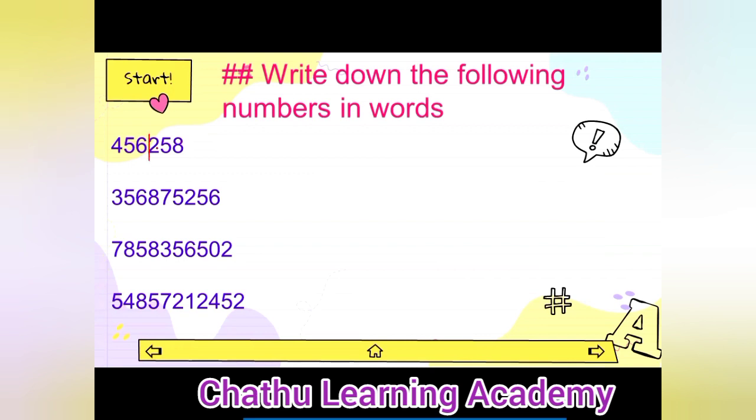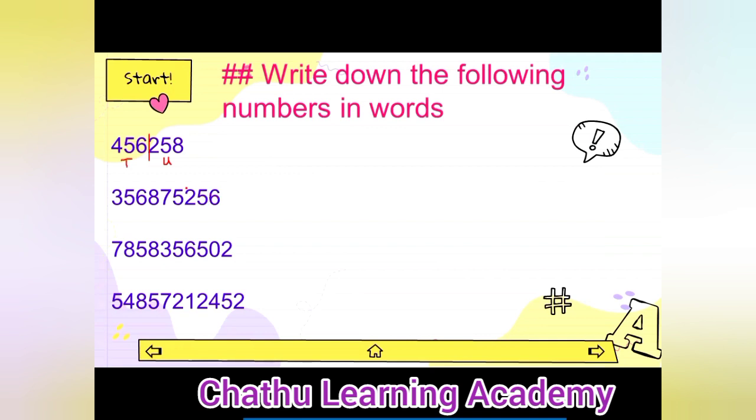Then you can separate the number here. How can we read this number? Here units zone. This part is in thousands zone. 456,258.